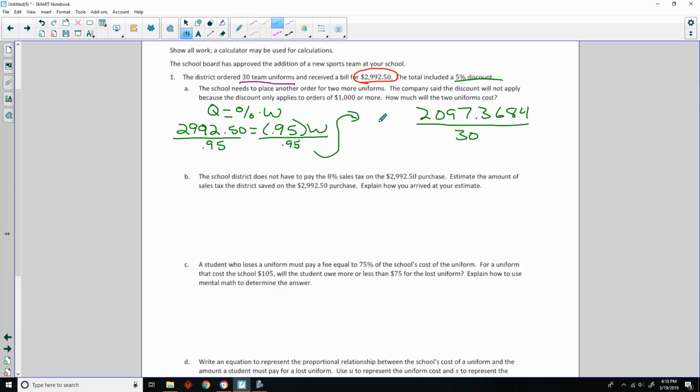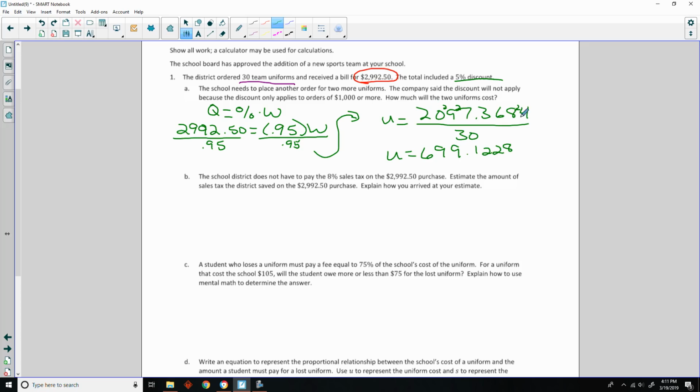So now we have, I'll use U for uniform, and I will just do this without my calculator. 3 goes into 20 6 times. 6 times 3 is 18 with a remainder of 2. 3 goes into 29 9 times. 9 times 3 is 27 with a remainder of 2. 3 goes into 27 9 times. And 3 goes into 3 once. And 3 goes into 6 twice. And 3 goes into 8 twice with a remainder of 2. And 3 goes into 24 8 times.